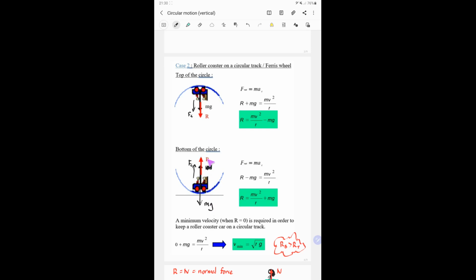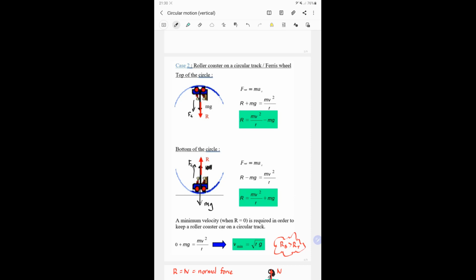R is positive and Mg is negative, so the equation is R minus Mg equals FC again, which is mv squared over R. We transfer Mg to the other side, giving you R equals mv squared over R plus Mg. So again, minus gives you the minimum R, plus gives you the maximum R.